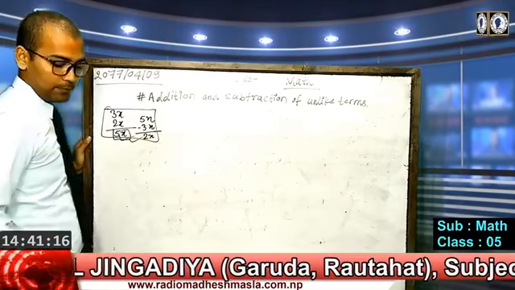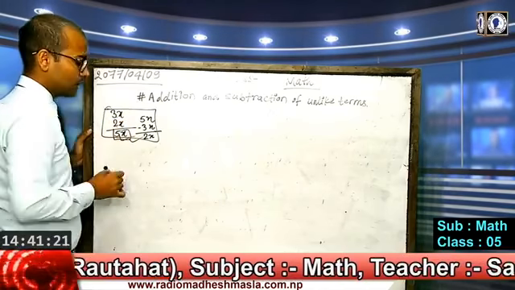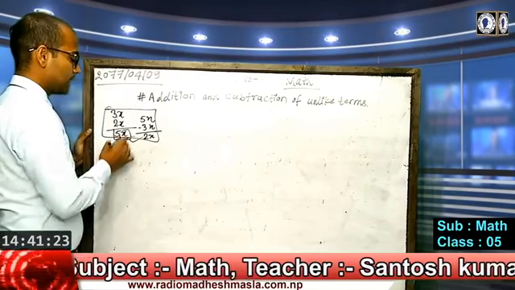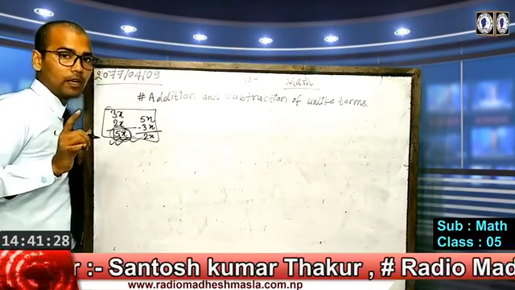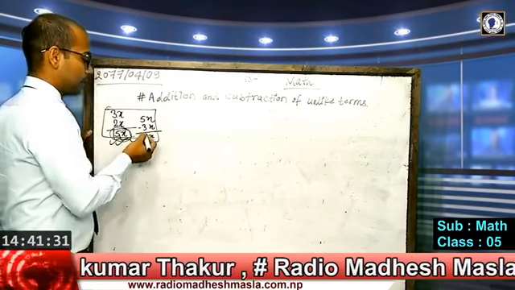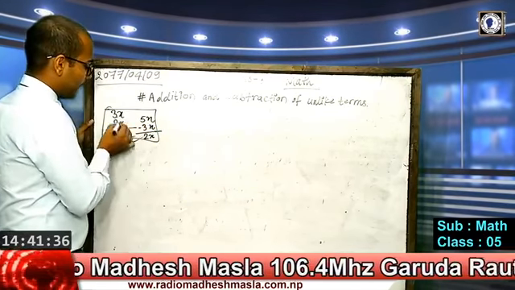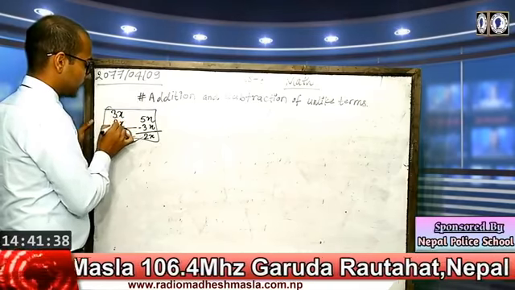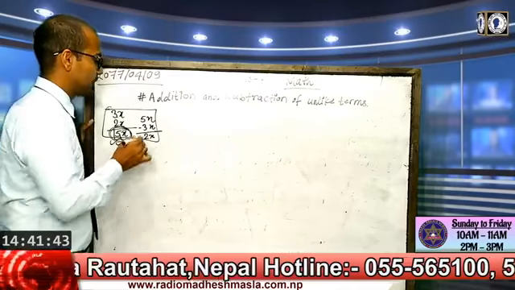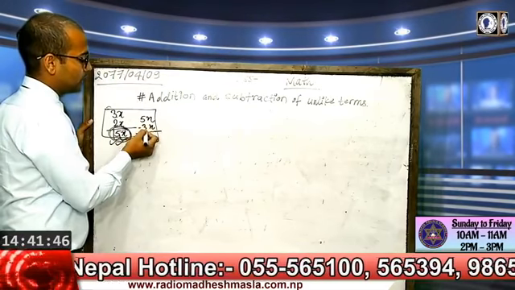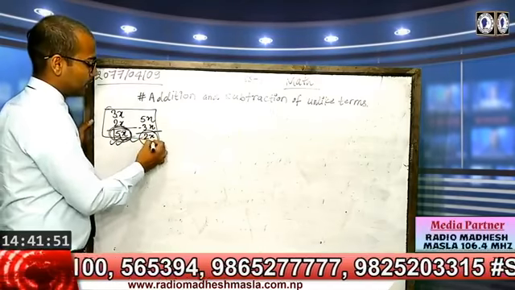When we add 3x and 2x, we get 5x, which is a single term. When we subtract 3x from 5x, we get 2x, which is also a single term.